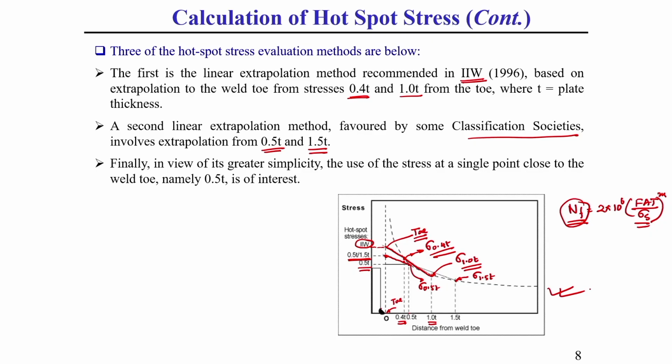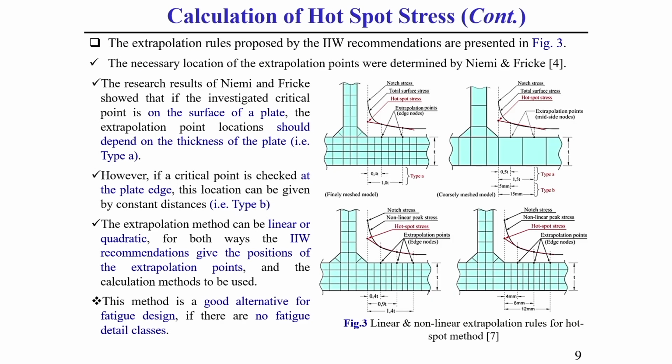Now, how this extrapolation and other things we used to do, I am going to discuss one by one. Here, the extrapolation rule is proposed by IIW recommendation, which I am going to show. Here one thing you should keep in mind: the necessary location of extrapolation points was determined by Niemi and Fricke, which is further included in the IIW code and standard.